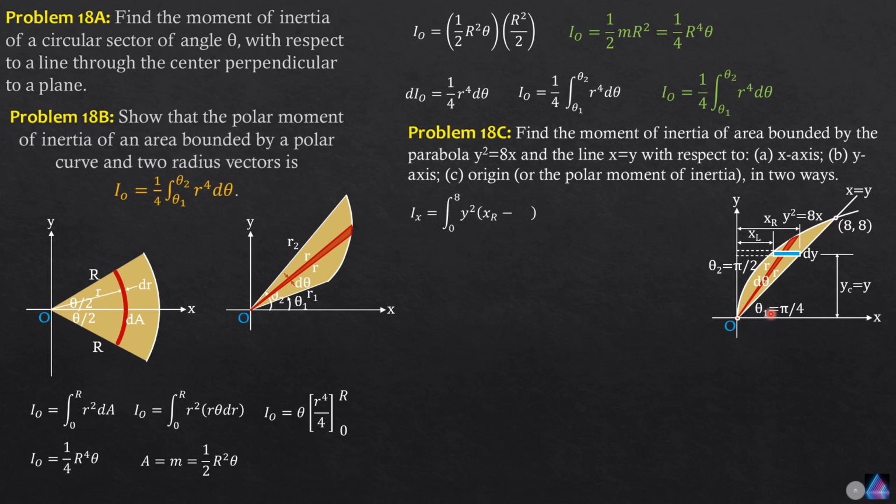So Ix is integral from 0 to 8 of constant distance squared, which is y squared, times the differential area. The differential area is the area of this light blue rectangular strip, which is right x minus left x dy, where right x is the x of this line and the left x is the x of this parabola. So right x is simply y because the variable of integration is y, limit 0 to 8. And left x is the x of the parabola, which is y squared over 8.